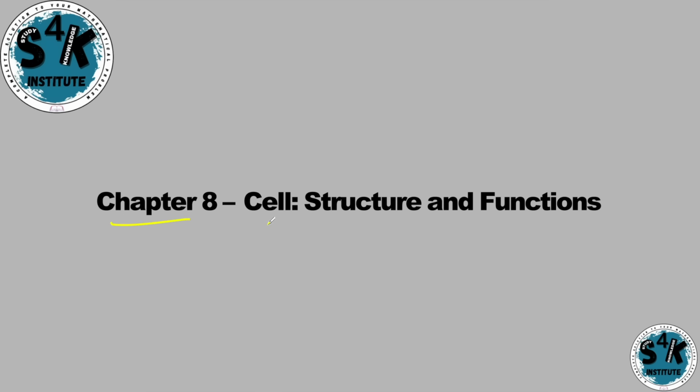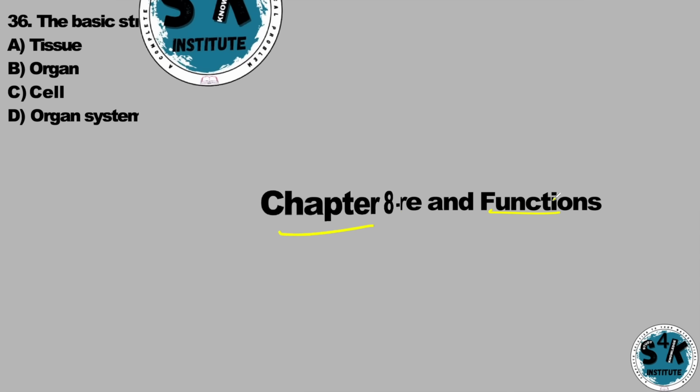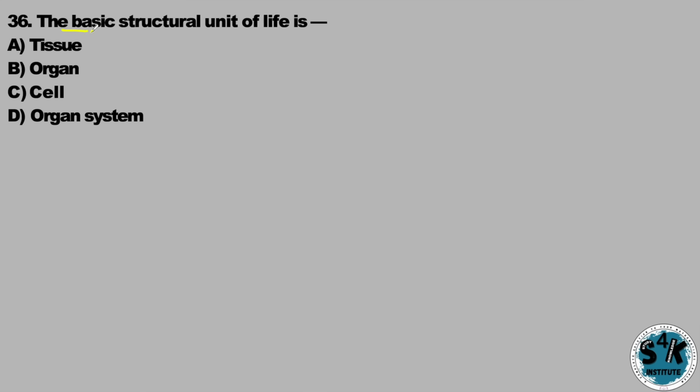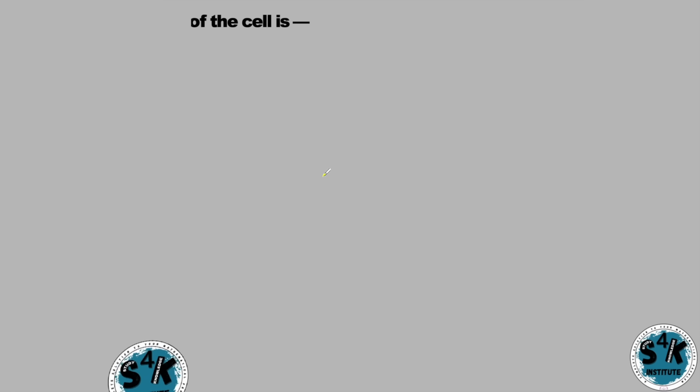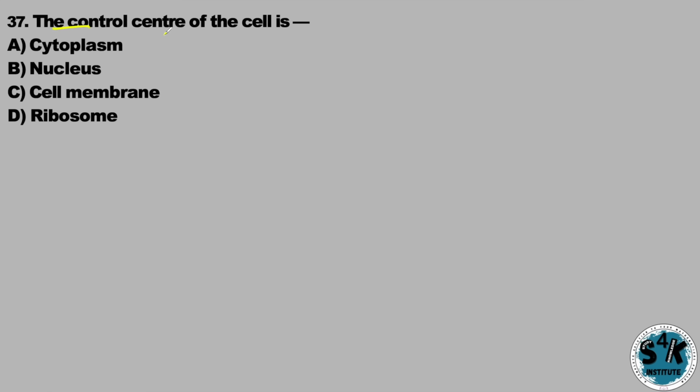Now chapter 8 we have cell structure and functions. Let's see. The basic structural unit of life is the cell. Then we have tissue, then we have organ, then we have organ system. The control center of the cell is the nucleus.